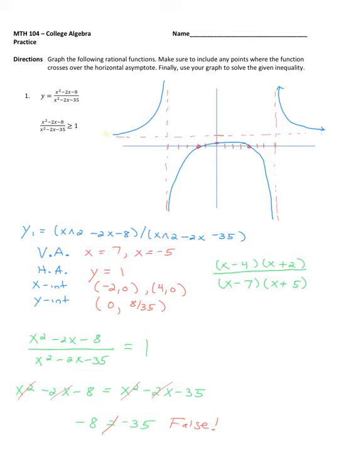We're looking for this part of the graph and this part of the graph. That means my answer is as follows. From -infinity to -5, and also from 7 to +infinity, these are the two places where the graph is always greater than or equal to 1.